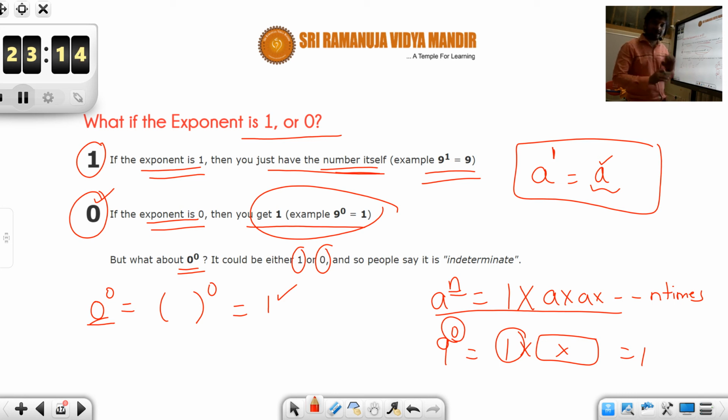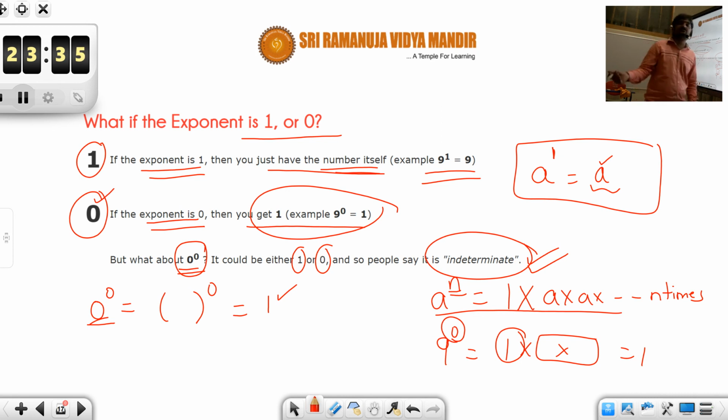So mathematically, 0 power 0 is left as indeterminate. Whenever there is an ambiguity in defining some value, they will term it as indeterminate. So 0 raised to the power 0 is indeterminate. Why is it indeterminate? It could be 0 as well as 1 based on the understanding we had in our representation of these exponents.